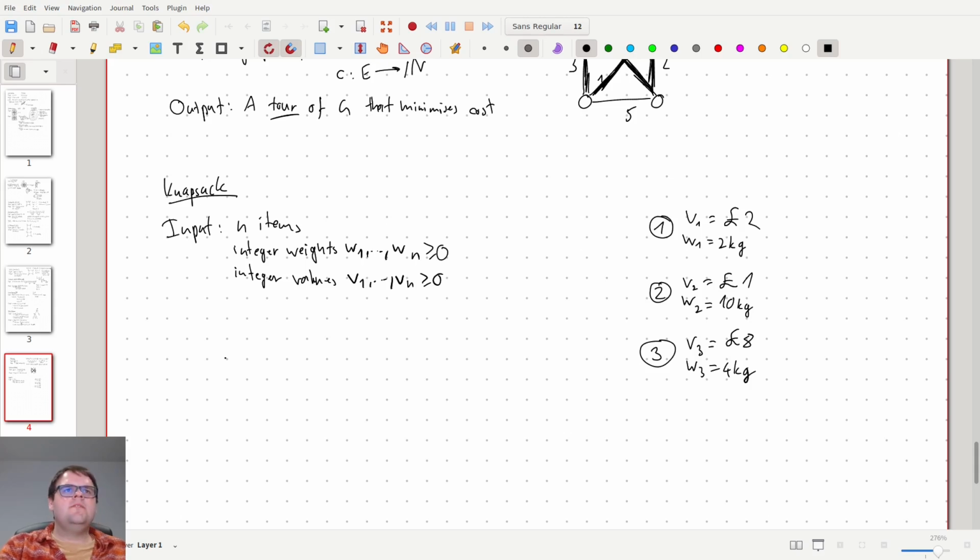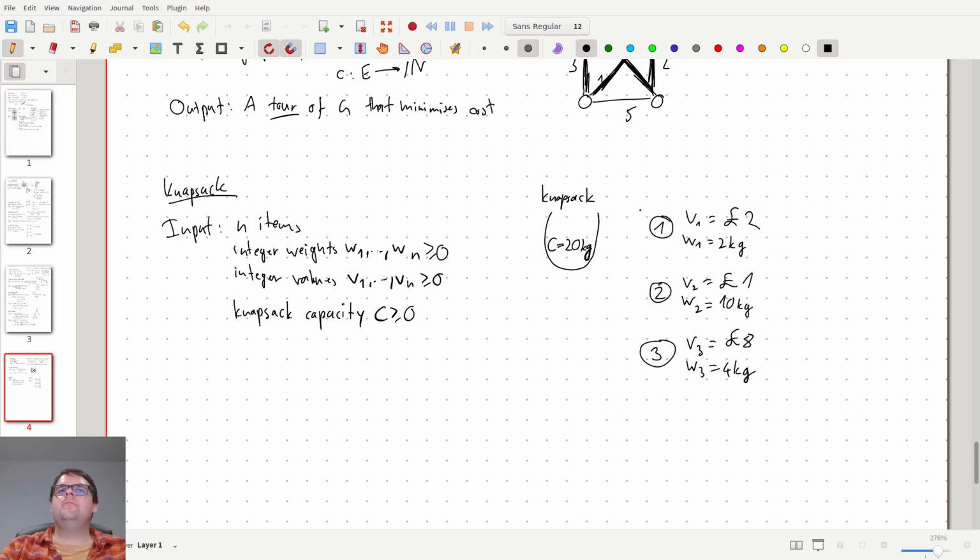And finally, you also have a knapsack capacity C, which is positive. So you have a knapsack like this one. That's your knapsack, and you basically want to fit in items, but it has a maximum capacity of 20 kilos. So you can't pack more than 20 kilos in your knapsack.